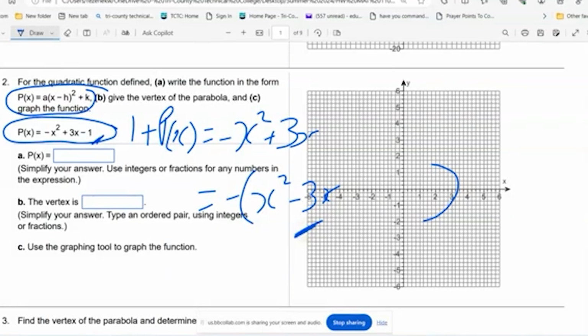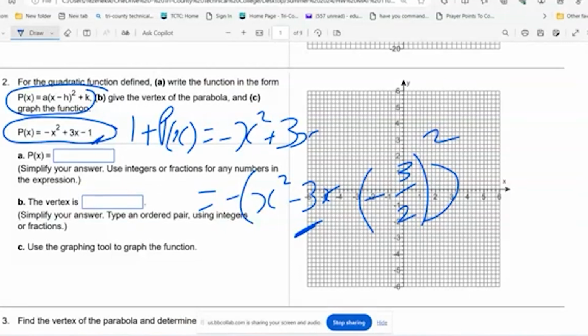So I'm going to write -3/2 squared. And whatever I do to the right hand side, I will do to the left hand side.